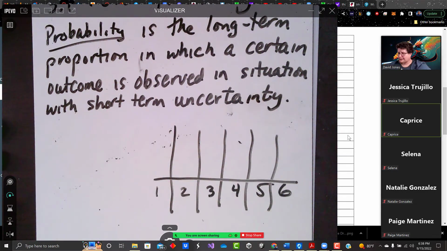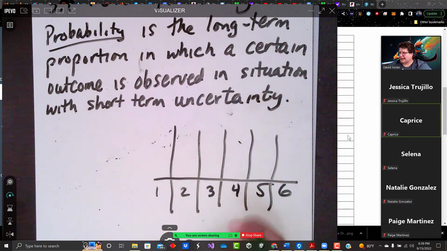I'm going to make a little die tracker real quick. Okay, so I got a couple dice.